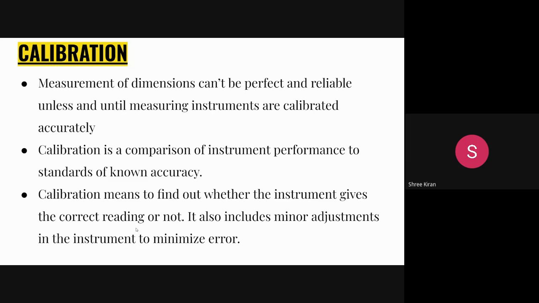Typically the accuracy of the standard should be 10 times the accuracy of the measuring device being tested. Hence the accuracy of the scale is the main parameter for the calibration.